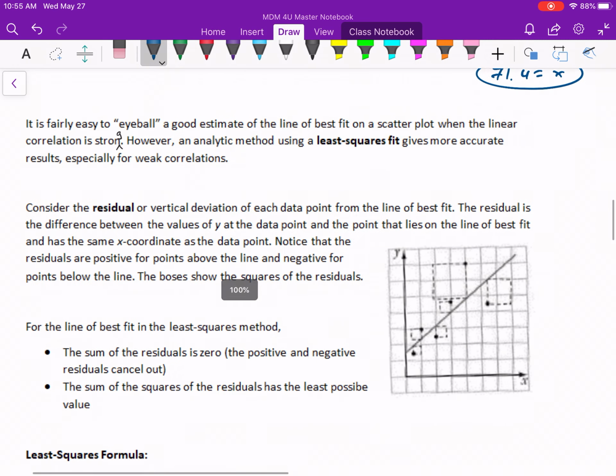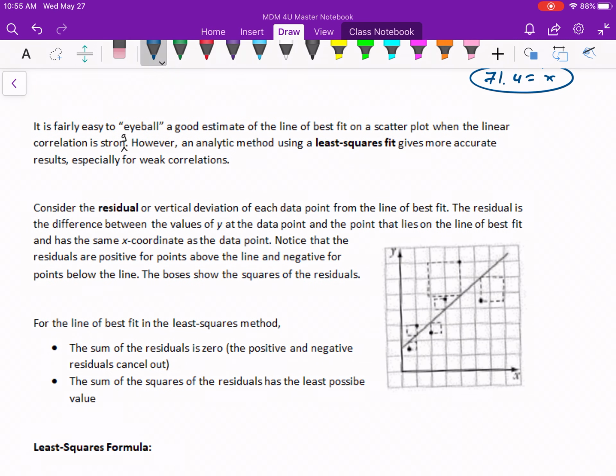In fact, as it says here, it's fairly easy to eyeball a good estimate of a line of best fit on a scatter plot when the linear correlation is strong, which it clearly is. However, an analytic method using least squares fit gives more accurate results, especially with weak correlations.